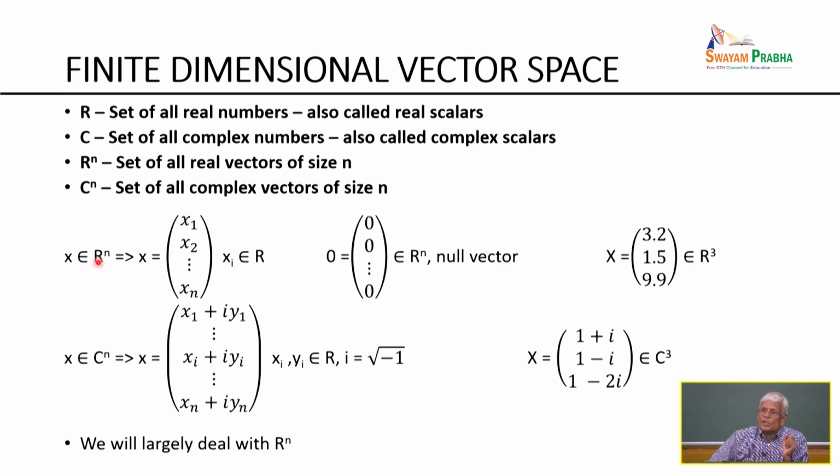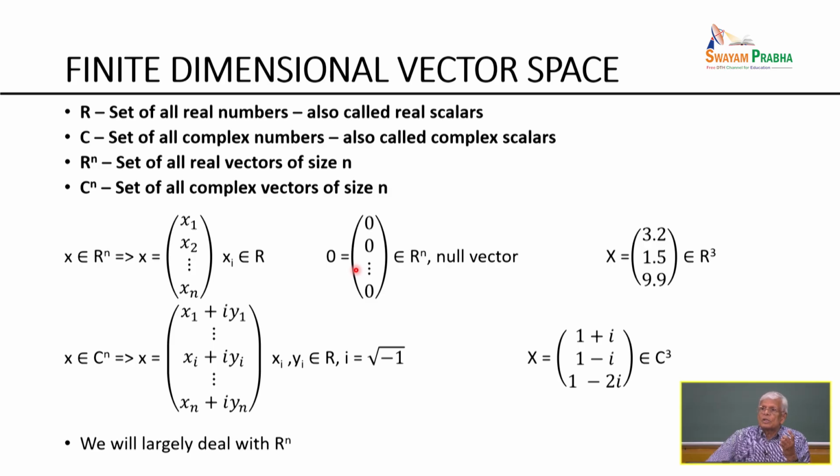So when I am working in Rn, 0 represents a real vector of size n, all of whose elements are 0, 0, 0, 0. If you consider a real line, the origin is 0. If you consider a two-dimensional space, the origin is 0, 0. If you consider a three-dimensional space, the origin is 0, 0, 0.